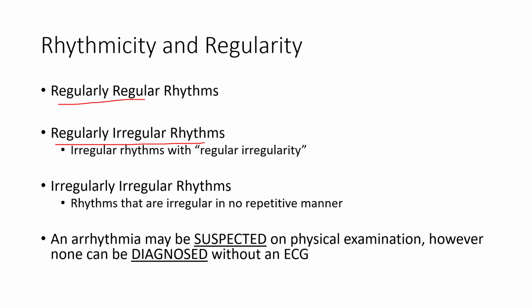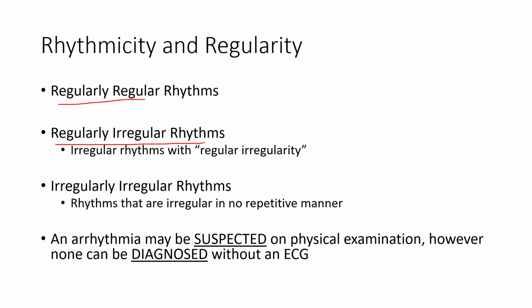Now, there are some situations where a patient may have an irregularity that happens in a completely irregular fashion. So it'd be beat, beat, beat, beat, beat, all over the place. There are certain conditions like AFib and others you'll learn about where that happens. But that's a different presentation. So we've got regular rhythms, where it's beat, beat, beat, beat, normal.